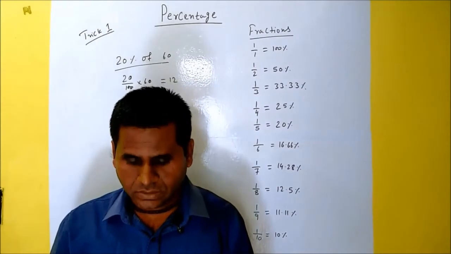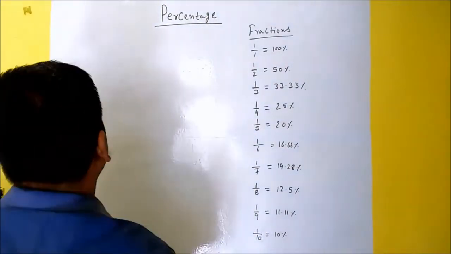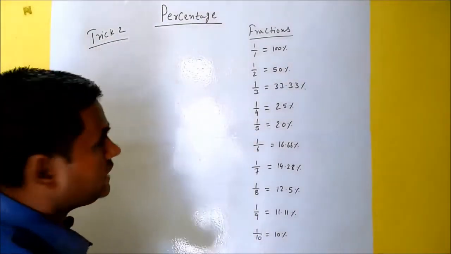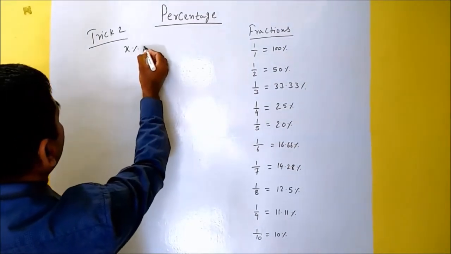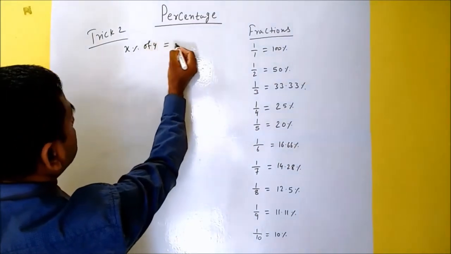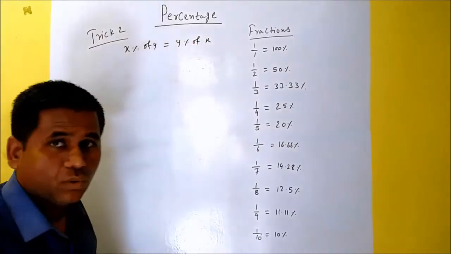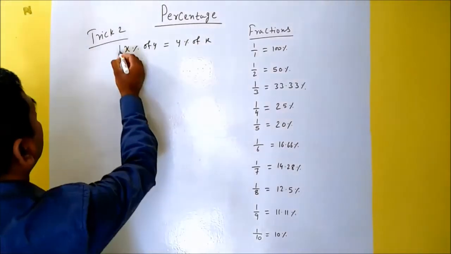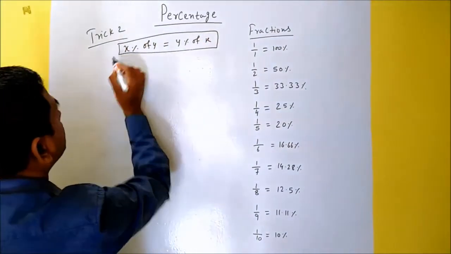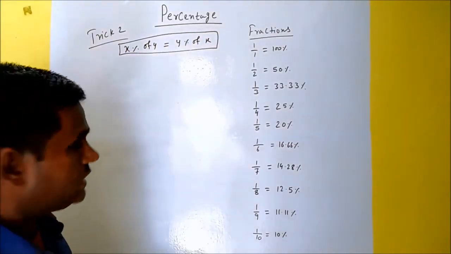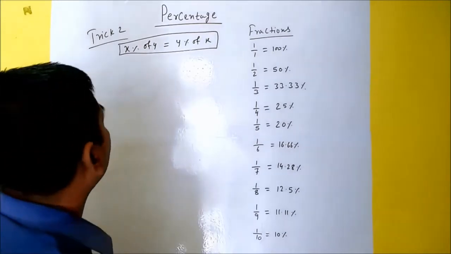Now let us discuss the second trick. So the second trick says x% of y is equal to y% of x. Okay, so how is this useful? Let's understand this with the help of an example.